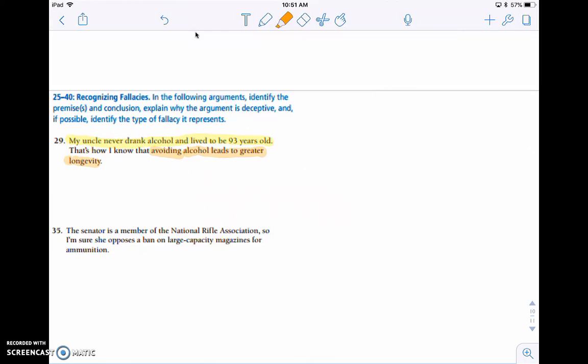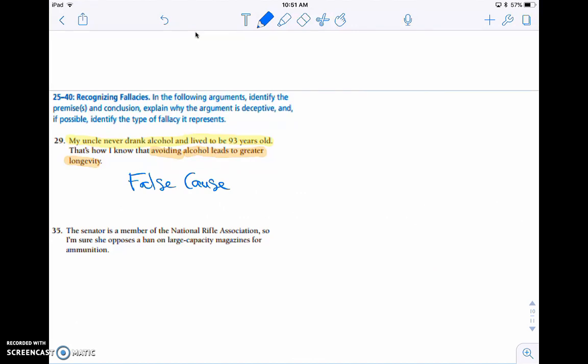So we make a claim and then a conclusion, and we're basically stating that never drinking alcohol causes someone to live longer. And this would be what we call our false cause fallacy.